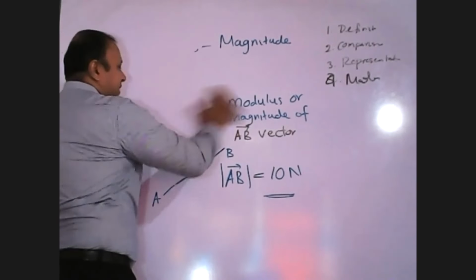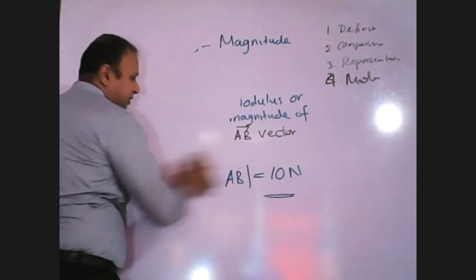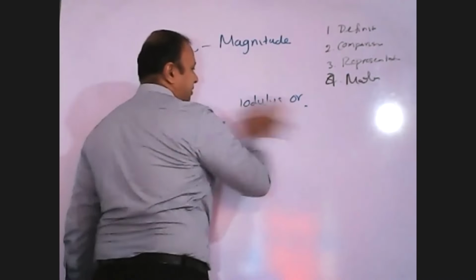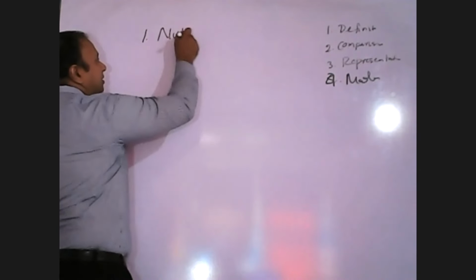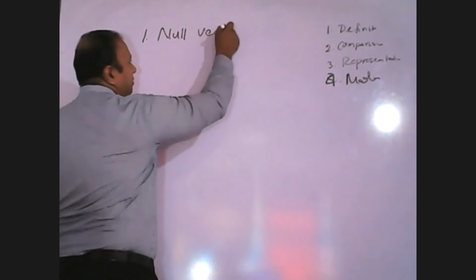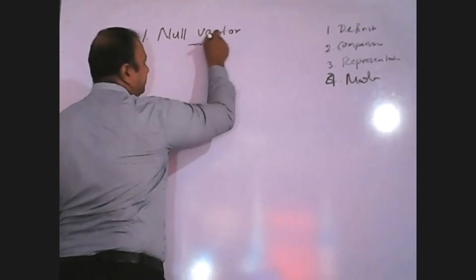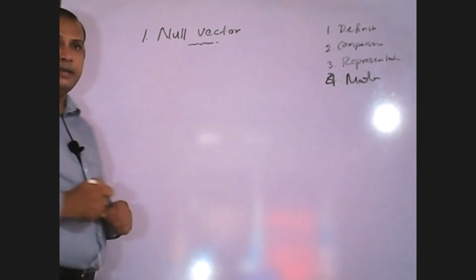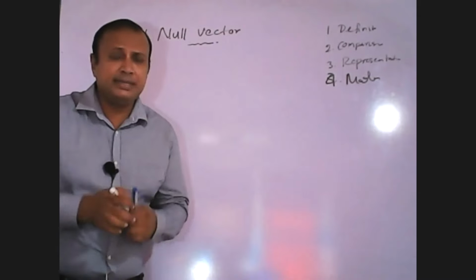Then we are going to discuss some special vectors. The first thing is the null vector. Null vector means zero vector.